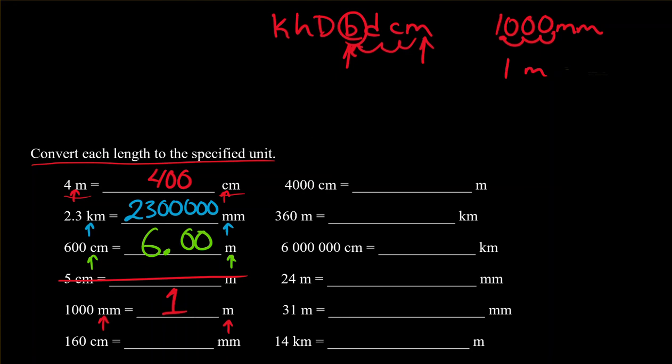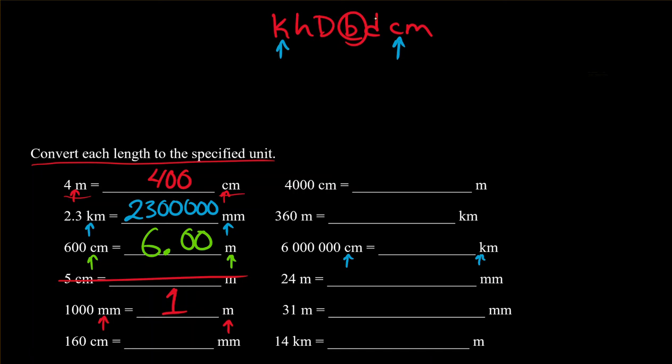Let's do a couple last examples. This one looks really complicated. Let's turn 6 million centimeters into kilometers. Just because it looks complicated, I think it'll be fun for us to do. We want to go from centi to kilo.